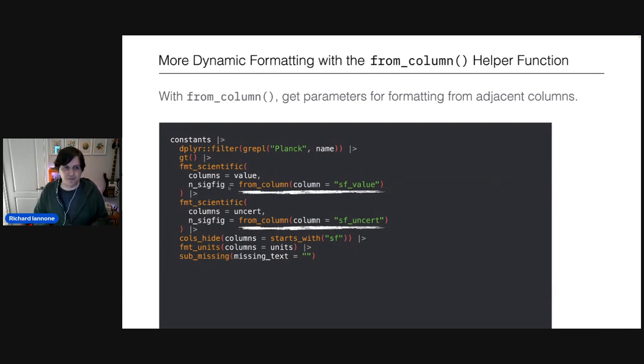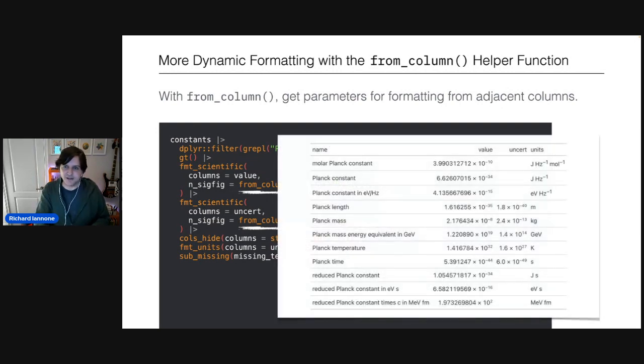You want them to vary. So you may have another column which has those values. Then typically what we do is we hide those columns that contain those values. So we can see here that this Moeller-Planck constant has a lot of significant digits, whereas these other ones like Planck-Moss have less. And that's all because of from column. This allows you to fine tune and make these correct, in other words.